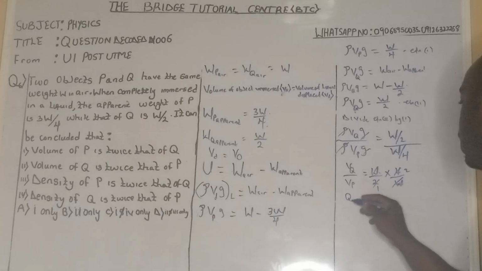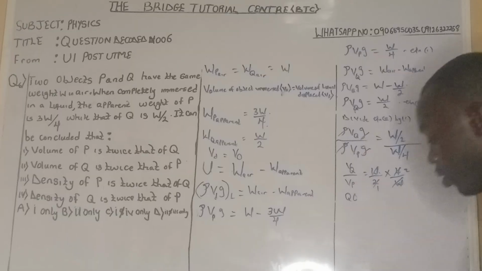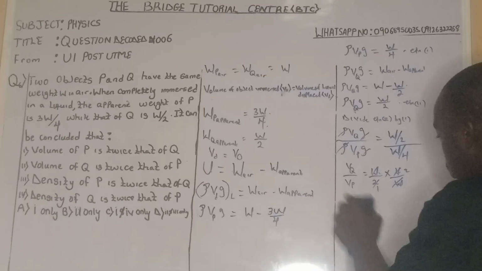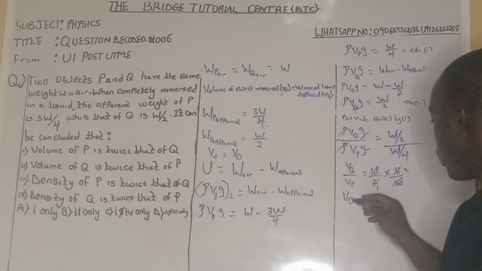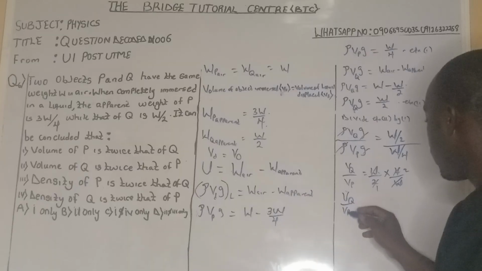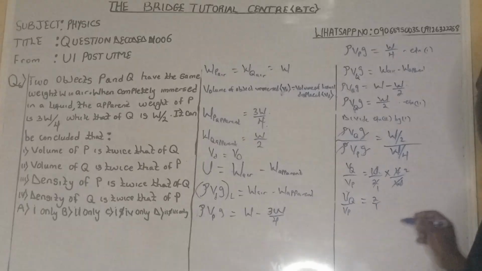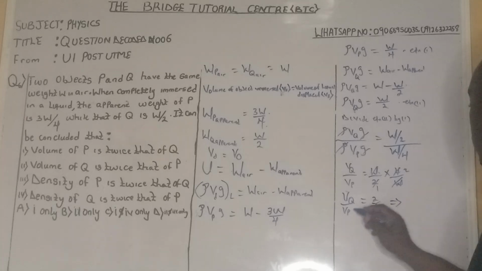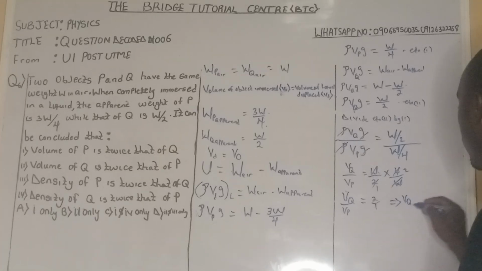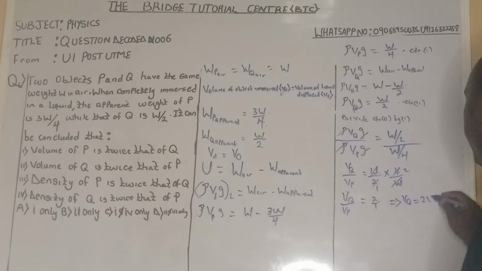So V_Q over V_P equals 2 over 1. If you cross multiply, finally you have V_Q equals 2 V_P.